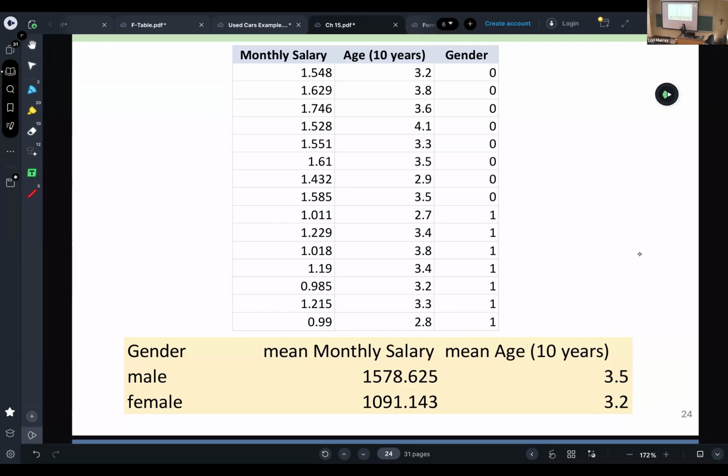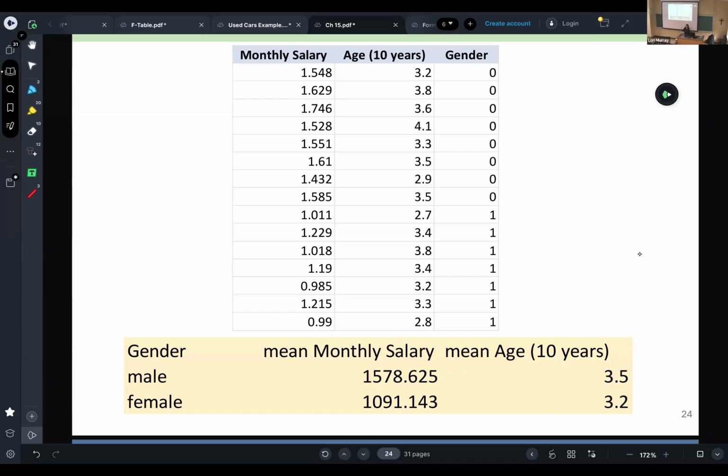And right away, the red flags go up and you go, wait a minute. Should we look at the ages or the number of years of experience, or at their education? Those are usually big drivers for predicting monthly salary. And the average age for the males is older.